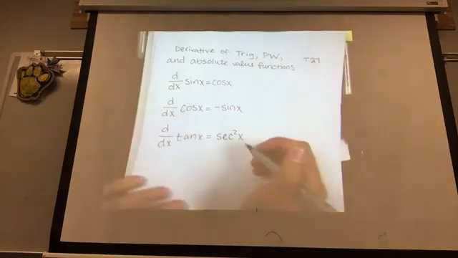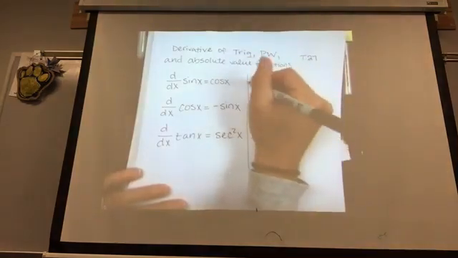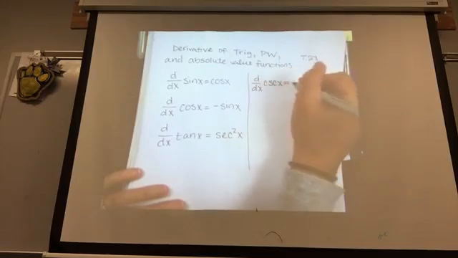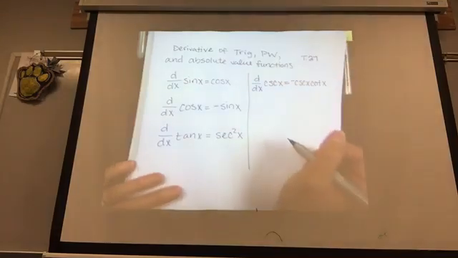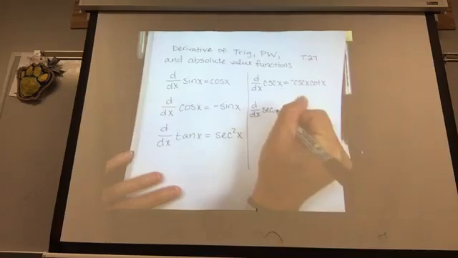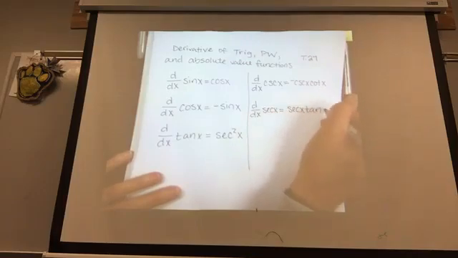Now they're reciprocals. D over dx of cosecant of x is equal to negative cosecant of x times cotangent of x. D over dx of secant of x is equal to secant of x times tangent of x.